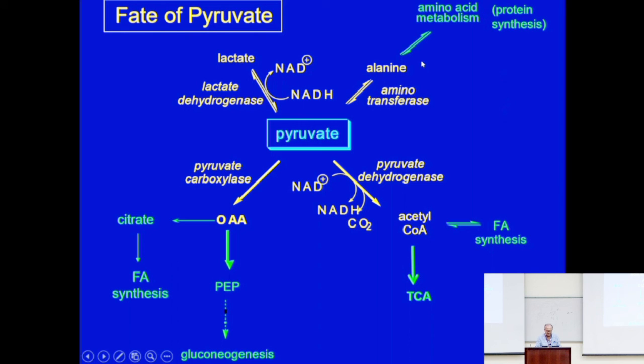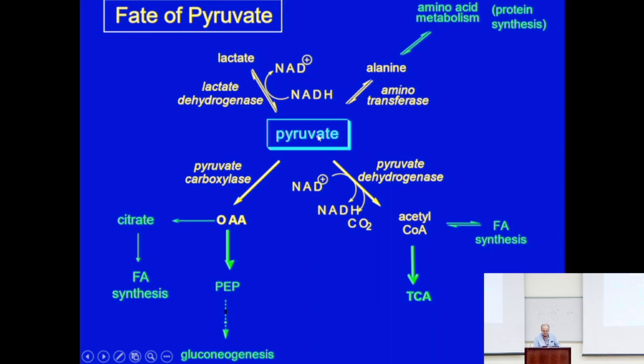Second thing, I want to say a couple of words about this slide. I want you to appreciate that we produce pyruvate from glucose. It's not shown really here, but let's say it's coming from glucose from glycolysis. Pyruvate has many fates. One of them is lactate. One of them, it can be used to make alanine.